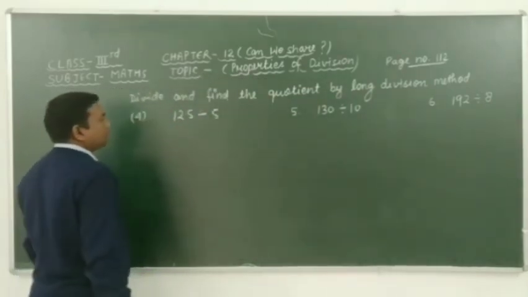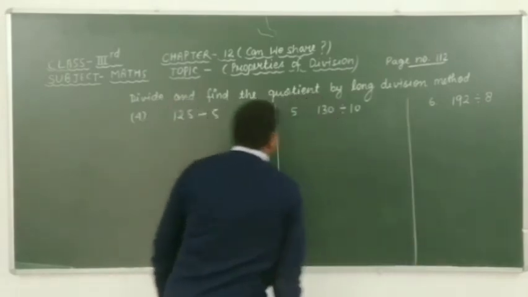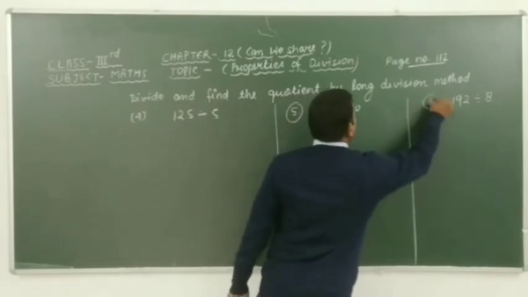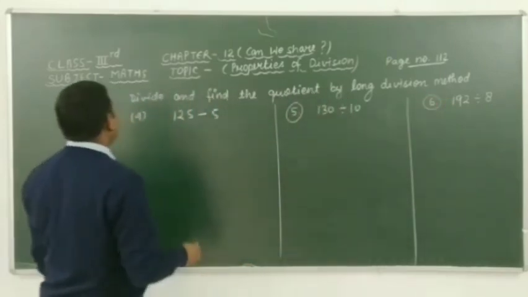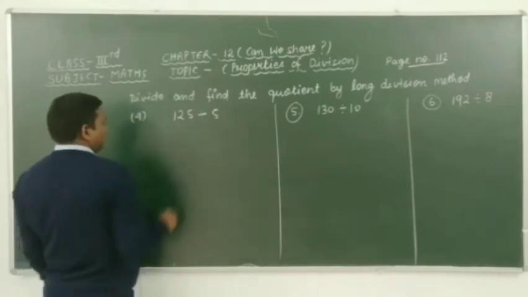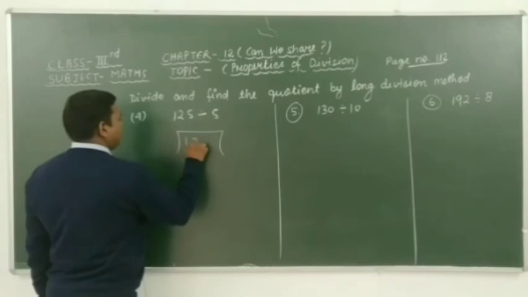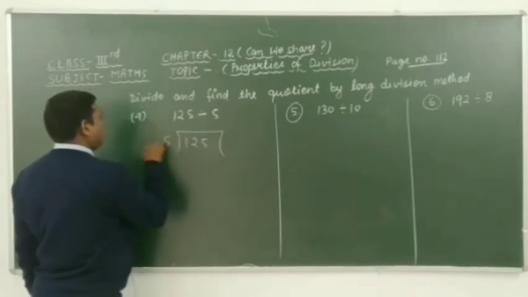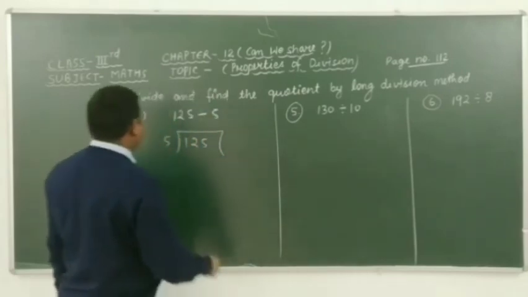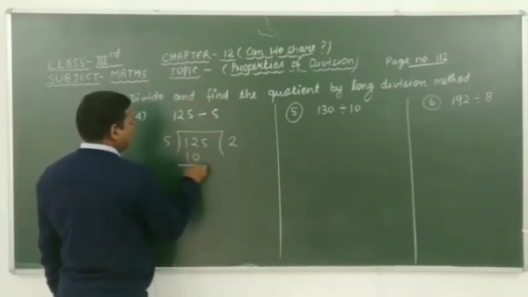In question number 4, we are given 125 divided by 5. Students, firstly we have to take the division of 125 by 5. Because the table of 5: 5 ones are 5, 5 twos are 10. Here we get 5 twos are 10.